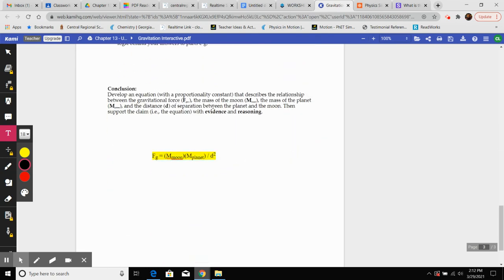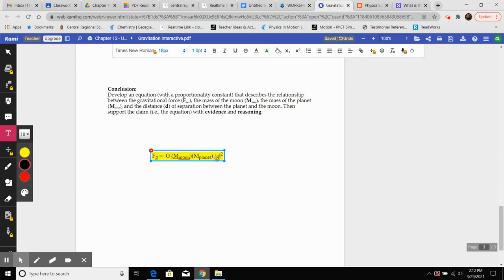The proportionality constant involved here, whose value we're going to discuss in a little bit, is big G. So it's big G times the masses of the 2 bodies in question, divided by the distance between them squared. That is how you calculate the gravitational force that one object exerts on another.